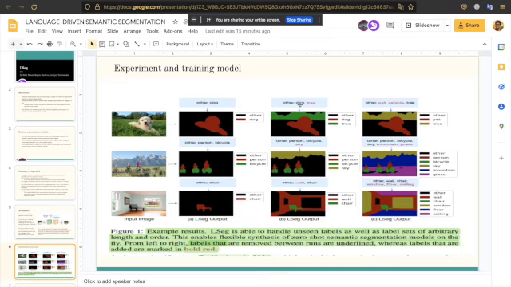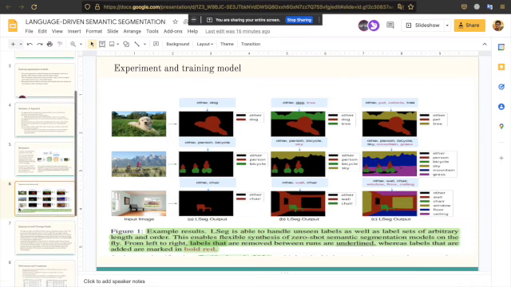Similarly, as you keep adding text inputs, the model is able to segment the image into different areas. You can see the same for this mountain bikes and people image, and this wall, chair and other image. So you can see how well LSeg is able to produce an output with semantic image segmentation.